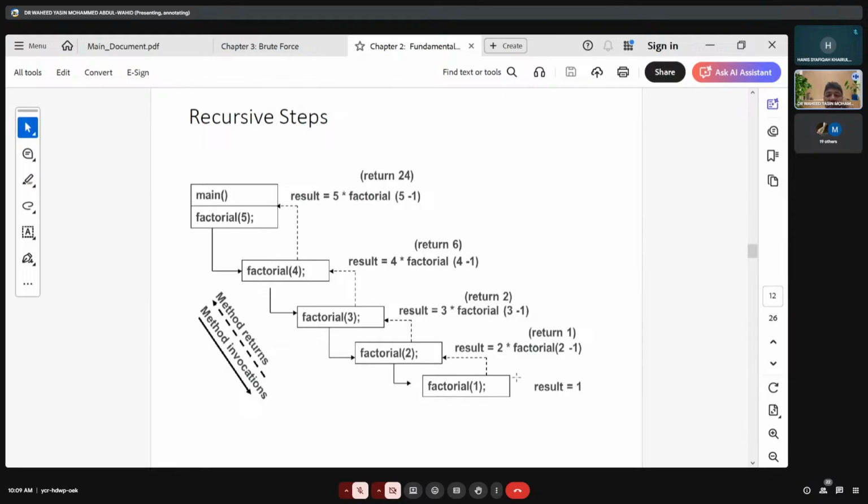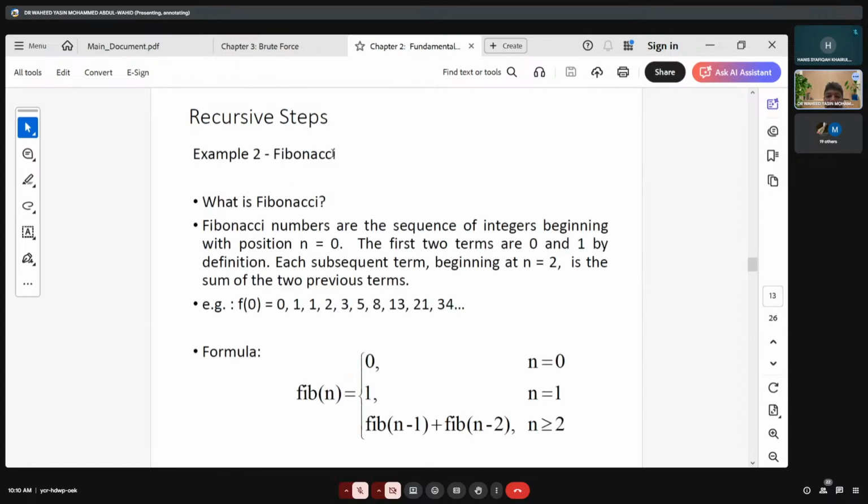So factorial 1, factorial 2: 1 multiply 2 is 2, 2 multiply 3 is 6, 6 multiply 4 is 24, 24 multiply 5 is 120. So the result is 120.